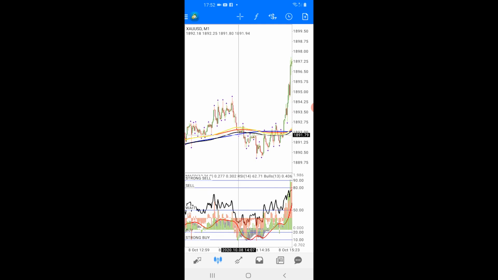Now you see finally here the red and blue, that is the 300 and 100 moving average, finally crossed. Yet the yellow and black, which is the 210 and 150 moving average, did not cross to indicate a downtrend. You see, this is a major false alert.